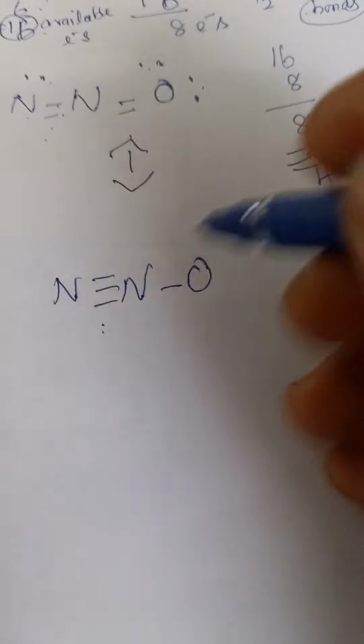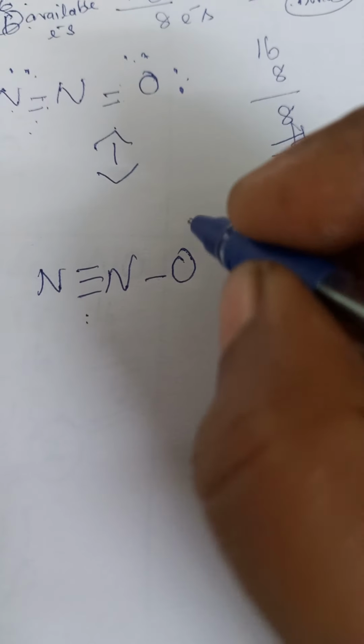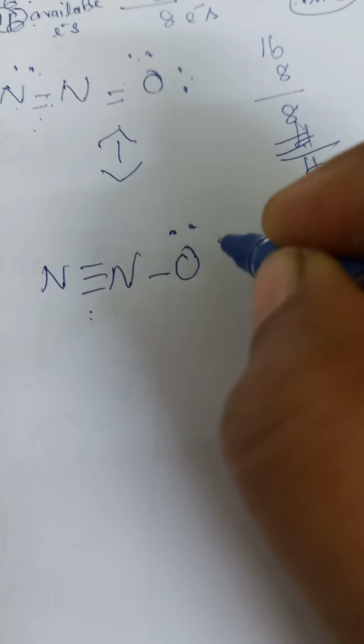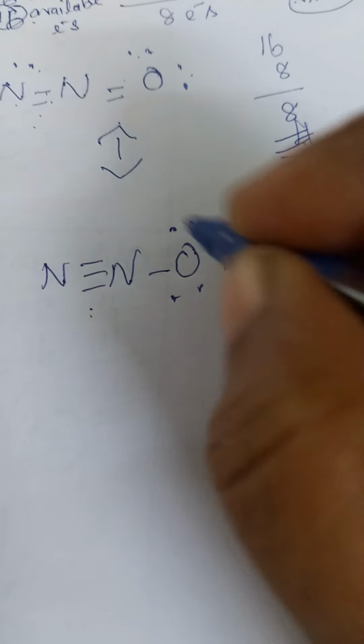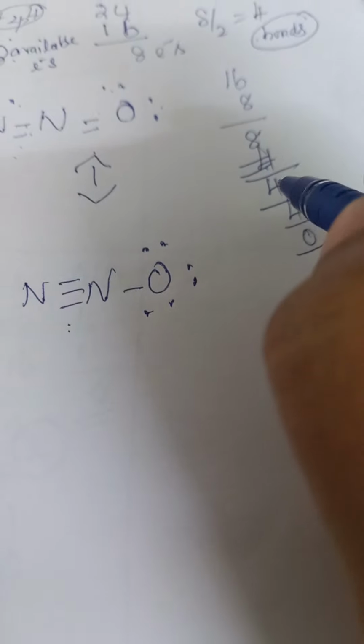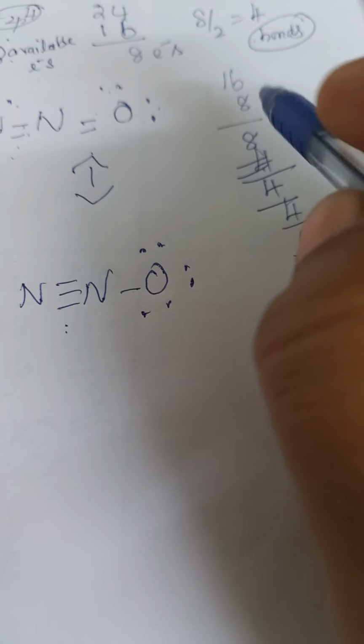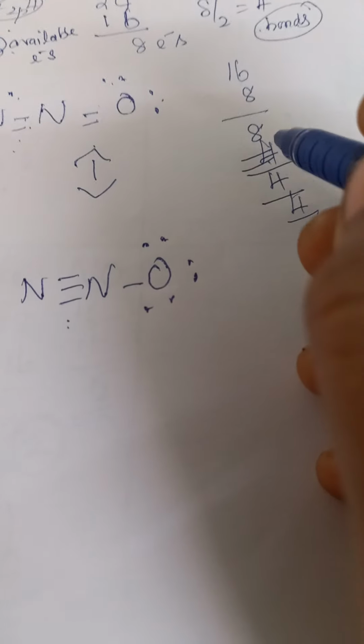So to balance, here only 1 bond. So 6 electrons. 2, 4, 6. 6 plus 2, 8. Okay. Remaining, 8 minus 6 has gone, remaining 2 I am writing here. 2, 4, 6, 8 balanced.